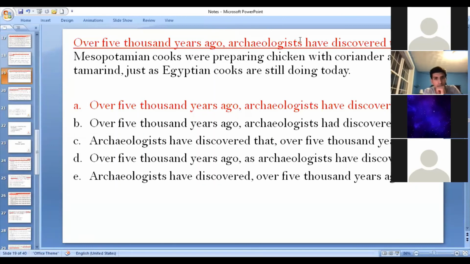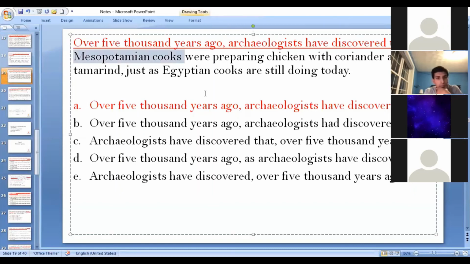See, it says Mesopotamian cooks were preparing chicken with coriander and tamarind, just as Egyptian cooks are still doing. So who was cooking? When? Who found?